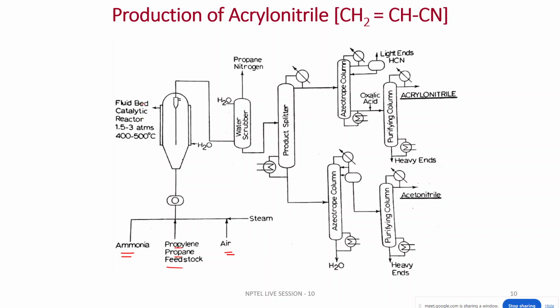In the fluidized bed catalytic reactor, the pressure is maintained 1.5 to 3 atmosphere and the temperature is 400 to 500 degrees Celsius. You have to take note that it is a fluidized bed reactor and the contact time for the reaction is very less. It is of several seconds only.